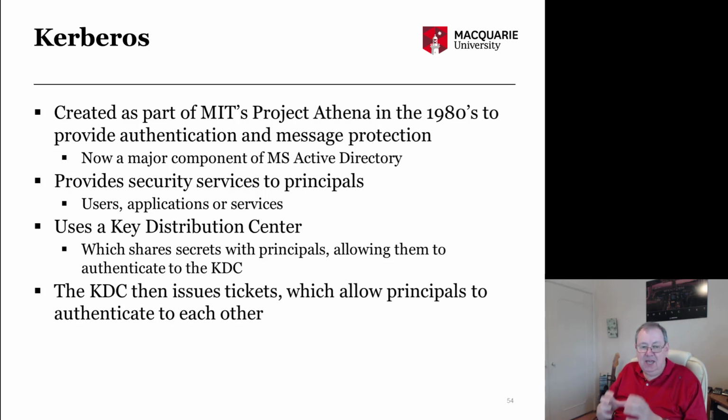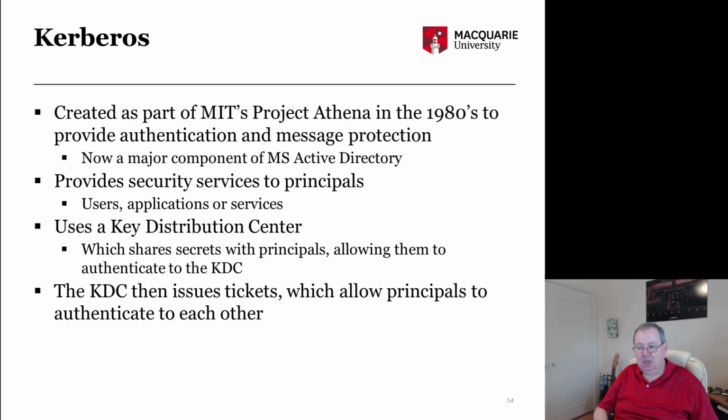It uses a thing called a KDC. We talked about Trent, the trusted third party. Now, in the Kerberos protocol, and in subsequent protocols like it, like SESAME, it uses a thing called a Key Distribution Center, or KDC. And the KDC actually knows the secrets which are shared with the various principals.